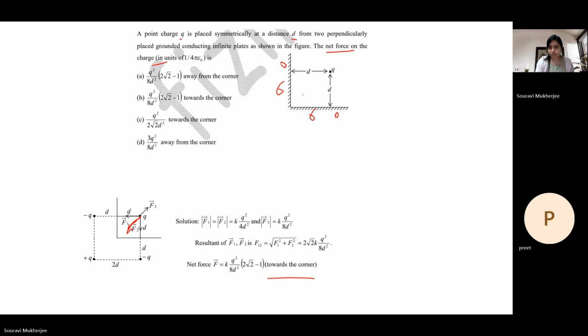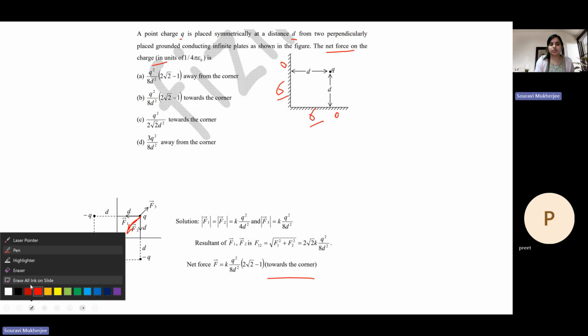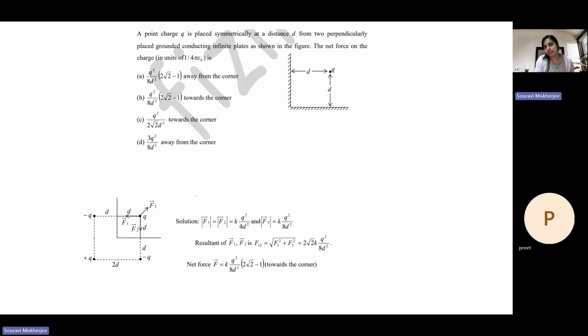Once you know V, you find the electric field from there, find the sigma from there, that is the bound charge, and then see the effect. If you have to solve based on this given charge distribution, that will be a bit trickier than what we just did. This is much simpler, just working with image charges.